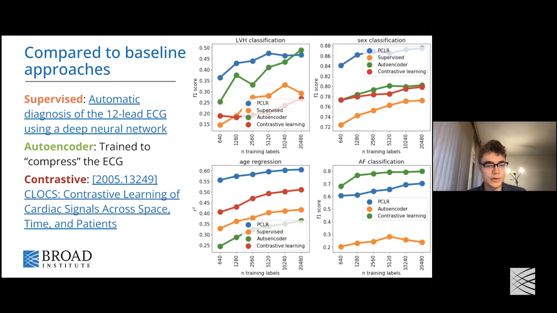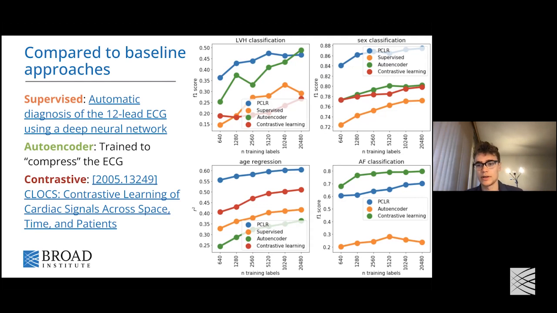And then we also trained a version of one of the contrastive learning approaches that came before us. The one that used positive pairs as different leads from the same ECG and different halves, different non-overlapping time segments of the same ECG.